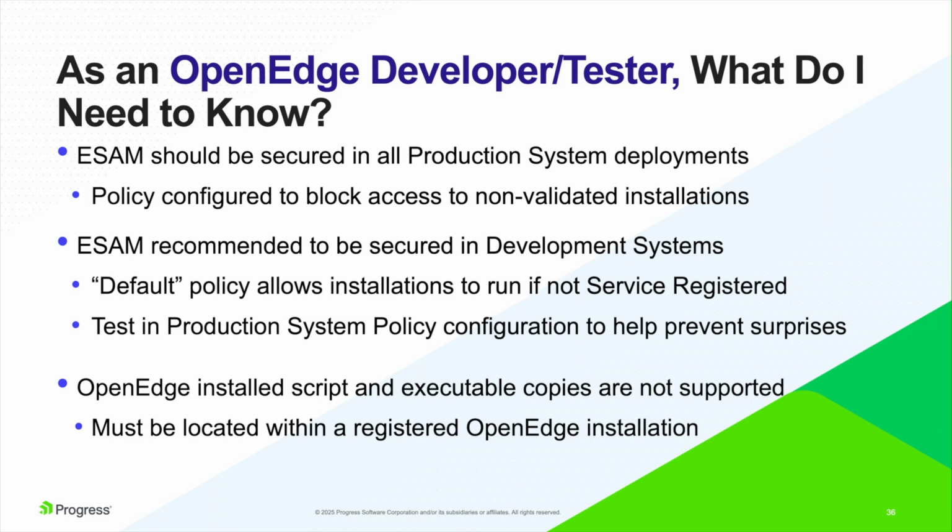We always recommend that you take advantage of the ESAM service to block unregistered or rogue OpenEdge installations that somebody may have copied or put on the OS, something that the OS's admin isn't aware of.